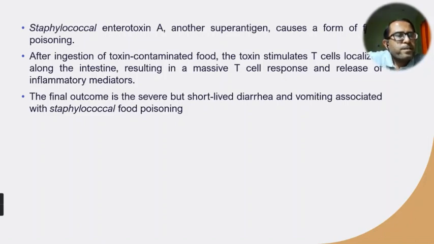Then this toxin stimulates T cells localized along the intestine, resulting in a massive T cell response and release of inflammatory mediators. The final outcome is the severe, short-lived diarrhea and vomiting associated with staphylococcal food poisoning.